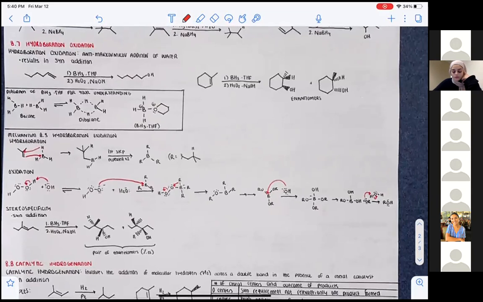And again, the first part is forming our, what is that? Boron? Bromine? I think that's boron, with this methyl chain on there. And then we have our oxidation part.